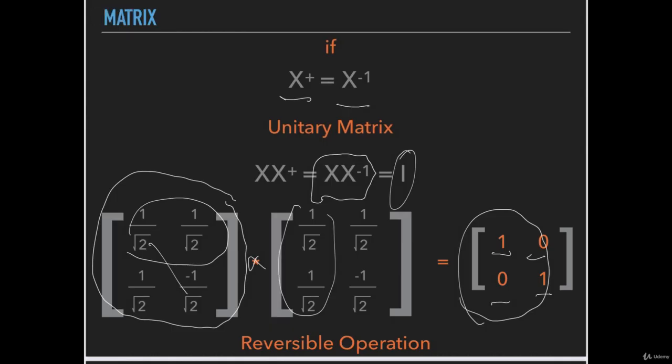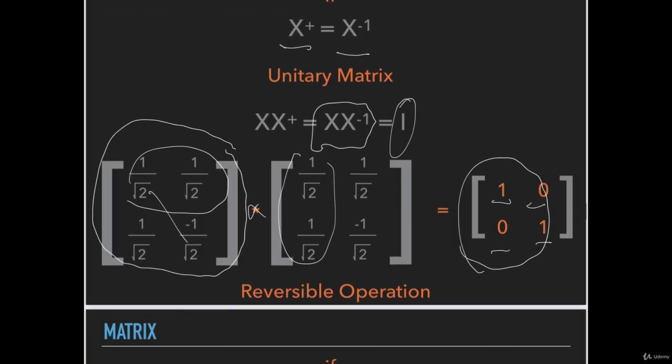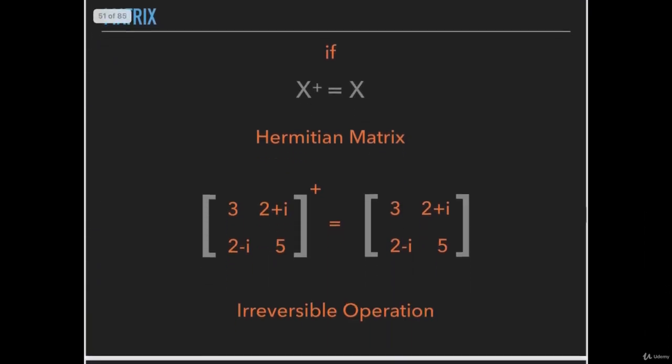We're going to be dealing with matrices a lot, as I said before, and we will need to understand that we're going to be dealing with reversible operations and unitary matrices a lot. At least we have to know the term, because we will need to reverse the operation sometimes. For example, putting into a superposition and then taking out of the superposition.